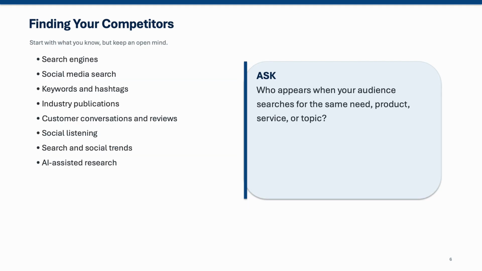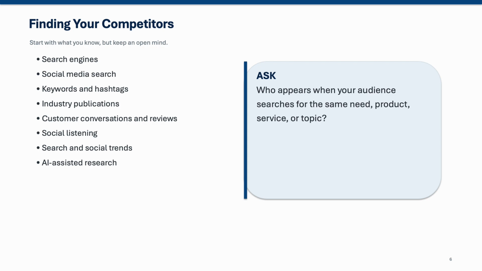Now that you're working through your strategy, you may already know some of your major competitors, but don't assume that your list is complete. You can use search engines, social media searches, keywords and hashtags, industry publications, customer reviews, social listening, and search trends to discover other competitors.